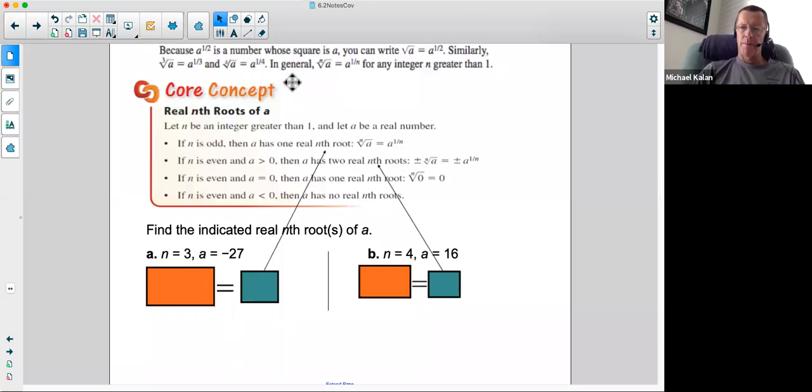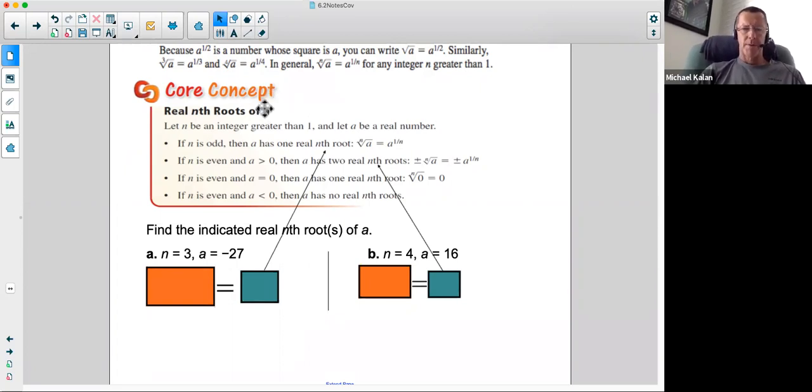So the general form is that whatever the root index is, that's going to equal a fraction with 1 as the numerator. Like if I was taking the 10th root of x, I would write that as x to the 1/10 power.